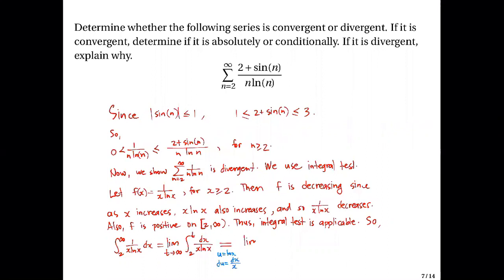This is the limit as t approaches plus infinity of the integral. When x equals 2, u equals ln of 2. And when x equals t, u equals ln of t. And this here is just du over u.